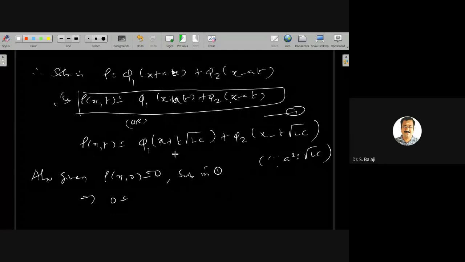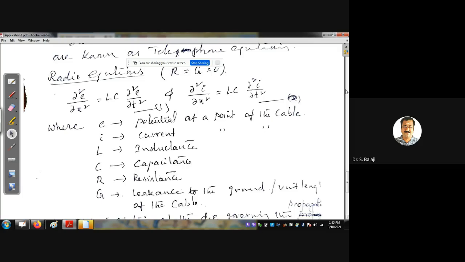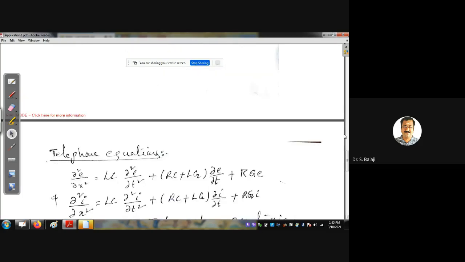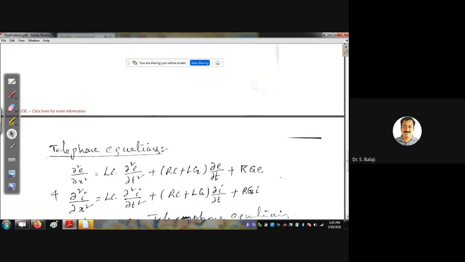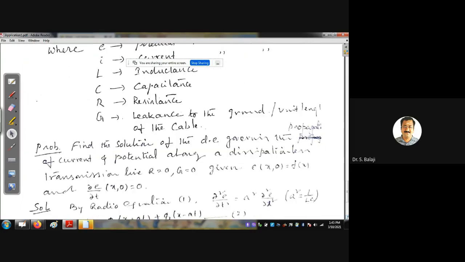But one more thing, you have to think about whether a is a fixed constant or something we have taken randomly. That you also have to check here. Is any relationship given for a? There is no relationship given.